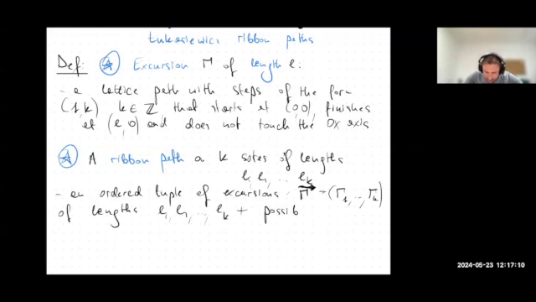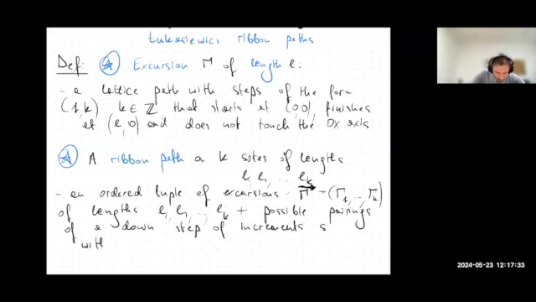There are some possible pairings of a down step of increment S with an up step of the same increment.